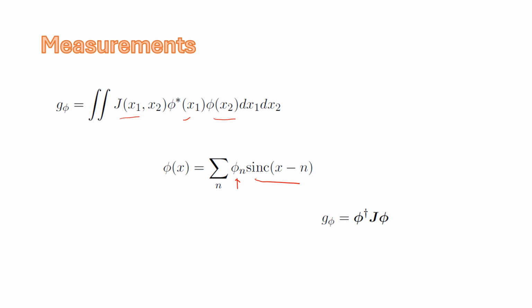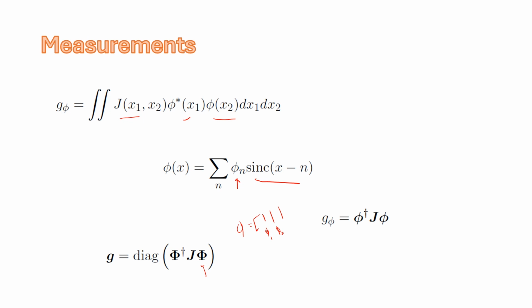Now, the measurement over a single mode is not going to characterize J, so we need to make a measurement over several modes in order to characterize the underlying mutual intensity. And so we build this matrix big phi here, where big phi is equal to a matrix with each column equal to phi 1, phi 2, and so on, the distributions for each one of the modes we want to measure, and then we operate on this phi with J, and then operate with phi dagger to get the intensity in each one of those modes.